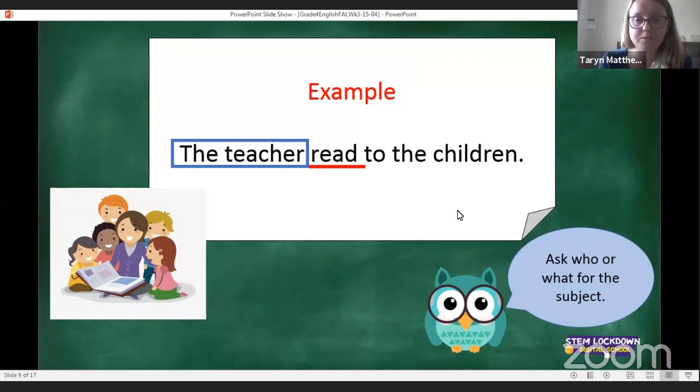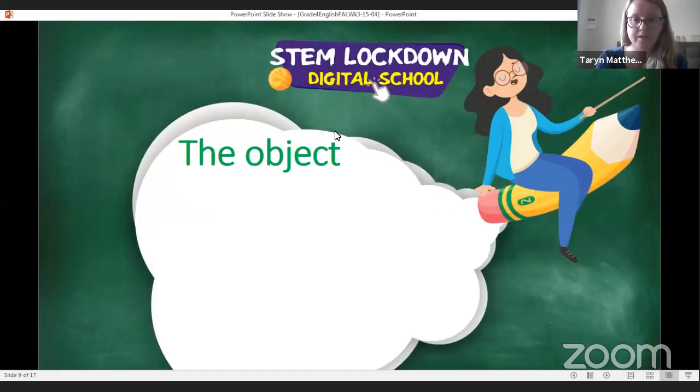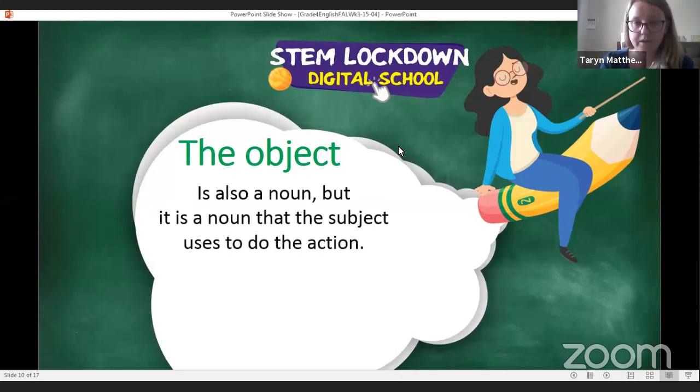So now we're going to move on to my object. So the object now is also a noun, but this is a noun that the subject uses to do the action. So don't get confused now if you see two nouns in a sentence. This noun has the action being done to it.